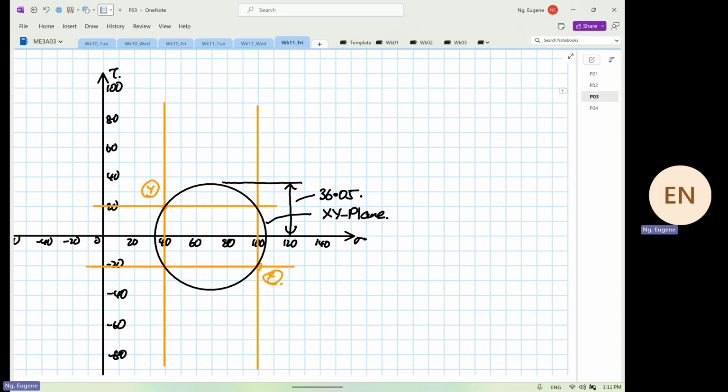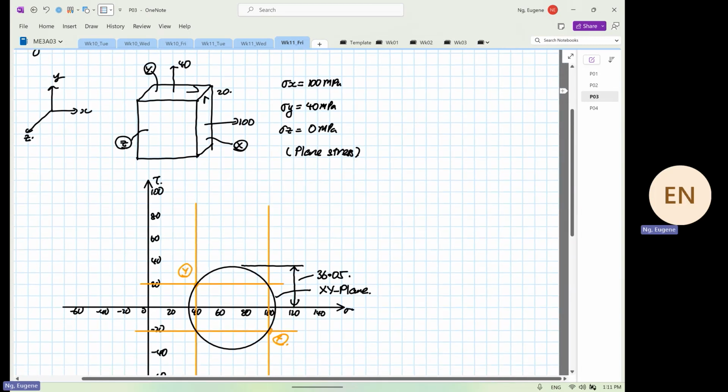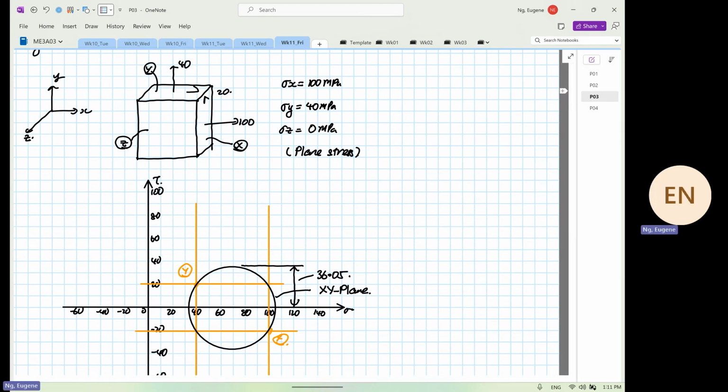Here is your maximum shear. Now, question for you and my witness over here now. Did I introduce any new stressors? No. It's exactly the same like what you see in 2D, right?